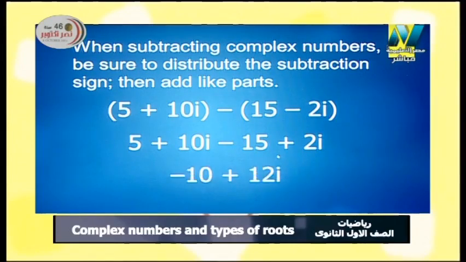And we will add 5 as a real number plus negative 15 as the second real number. The answer will be negative 10. Then we will add the imaginary number, which is 10i plus 2i. The answer will be 12i.